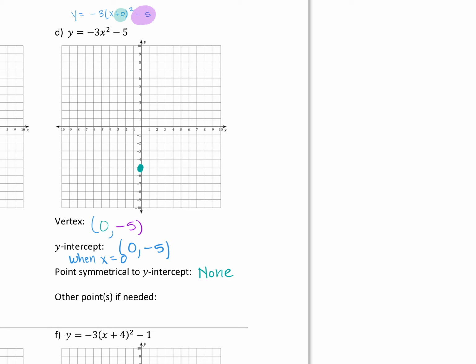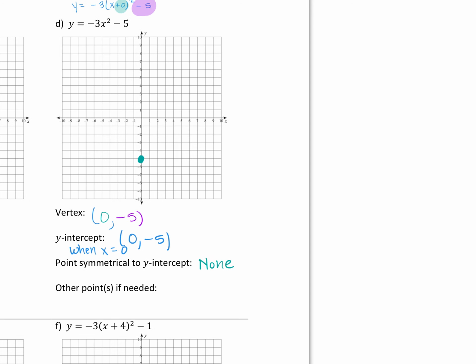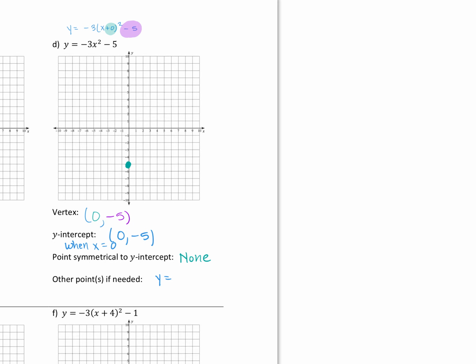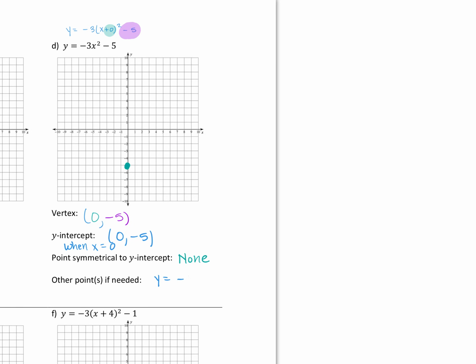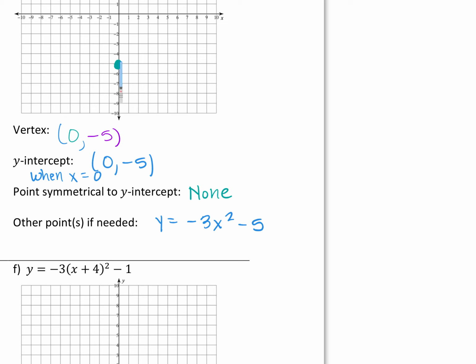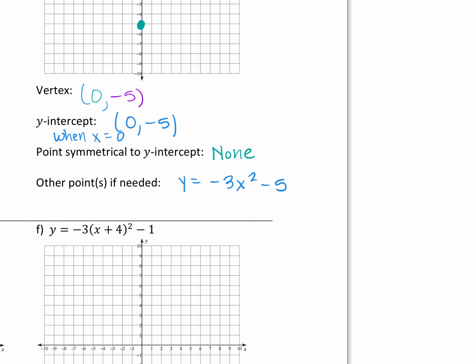And then the other points, we need 2 other points. So what that means is we're going to use our equation, y equals negative 3x squared minus 5. And we're going to plug in x values on either side of our vertex that are really close to our vertex. So an x value of 1 is really close to our vertex, and an x value of negative 1 is really close to our vertex. So this is when x equals 1.